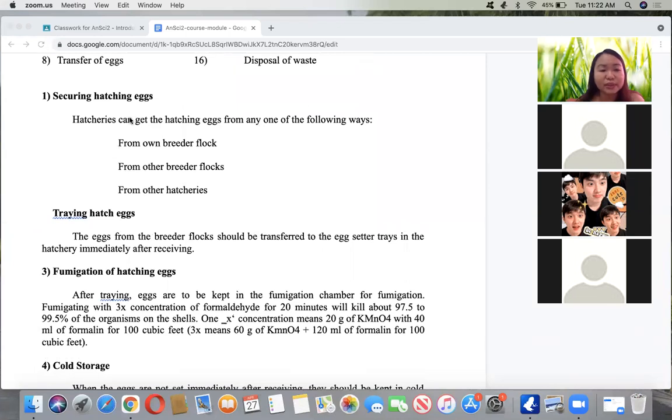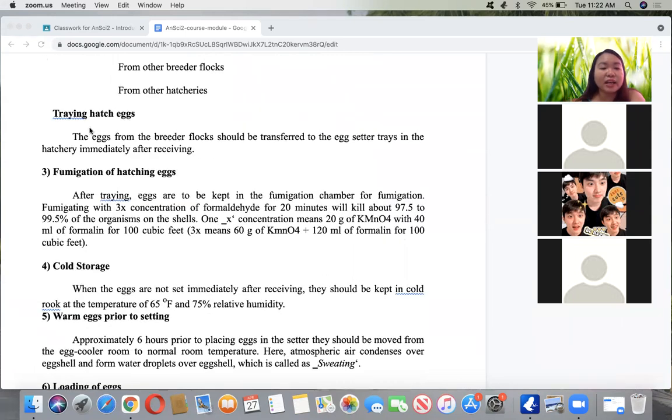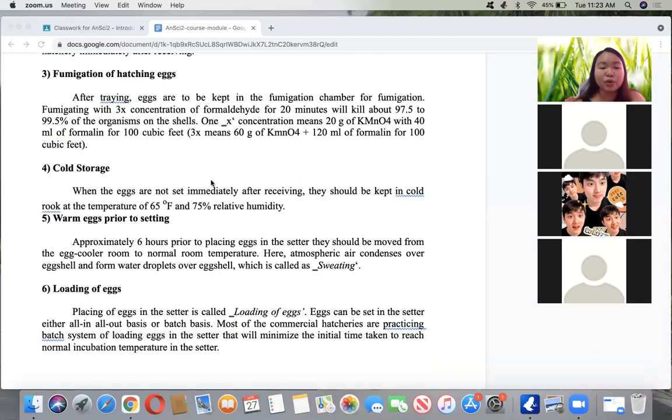So of course, securing hatching eggs, hatcheries should get the hatching eggs from the breeder flock or from your own or from other hatcheries. So traying hatching eggs: these eggs from the breeder flock should be transferred to the egg setter trays in the hatchery immediately after receiving. So fumigation, kanina we have discussed.